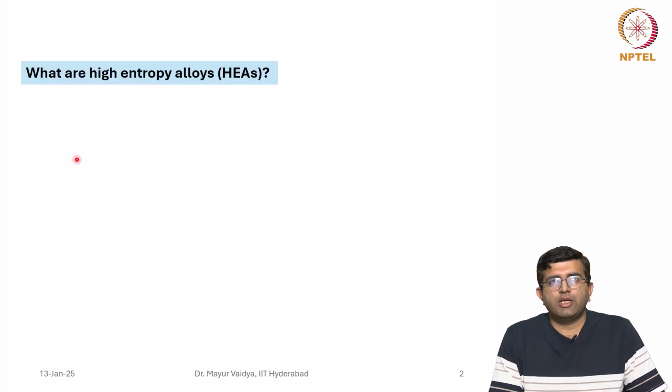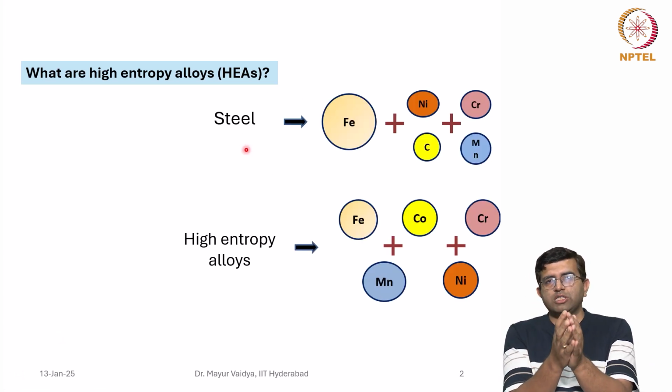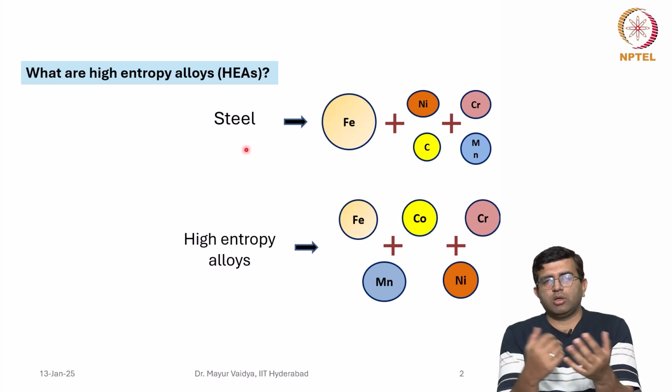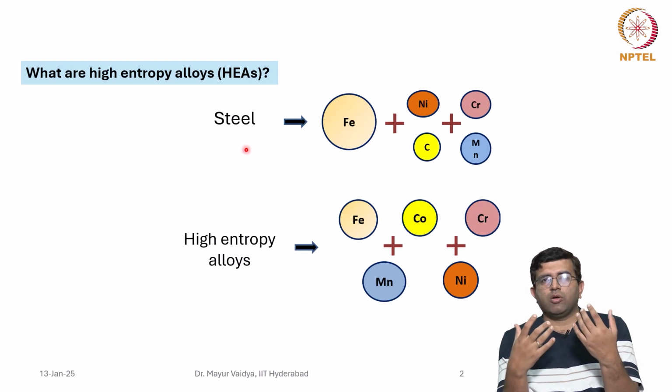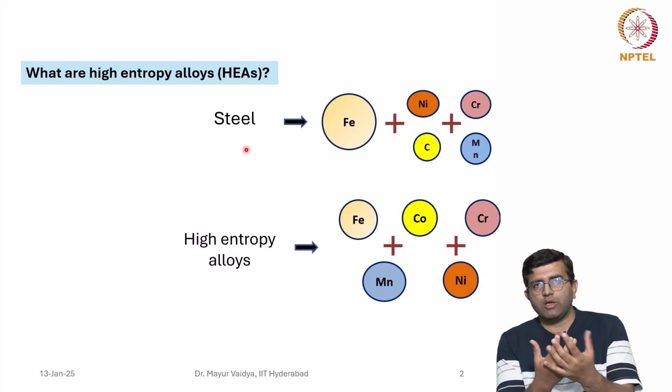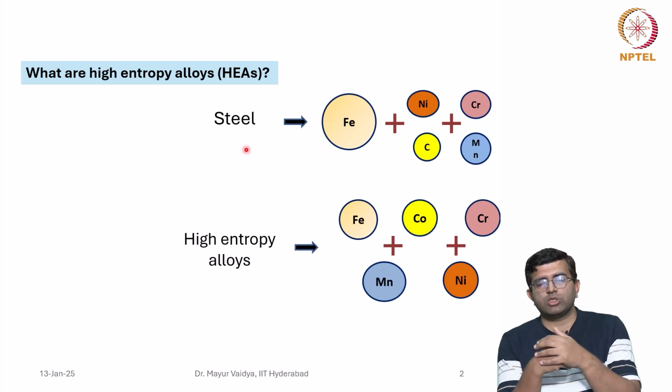Now, what are high entropy alloys? You know the conventional alloys, like steel, for example. You have a major principal element like iron, depending on the steel type, at least 90%, or if not 90, the majority chunk. In plain carbon steel, you have only iron and carbon, iron being the most dominant.